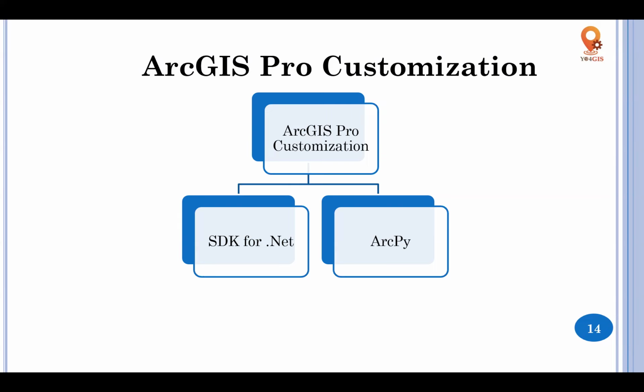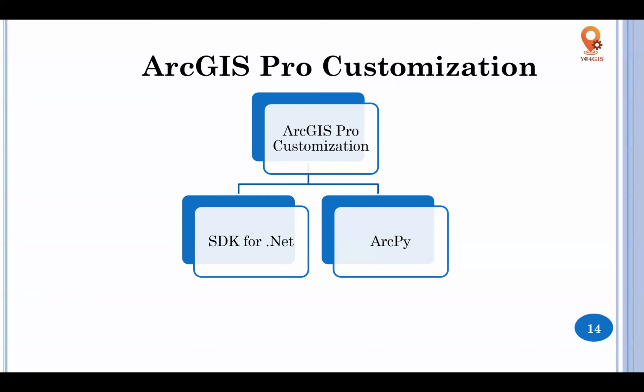But normally I suggest that if you are coming from a non-development background, you should start with Python and ArcPy, because Python is a very easy language. With less effort, we can get more, because .NET is a little bit complicated.